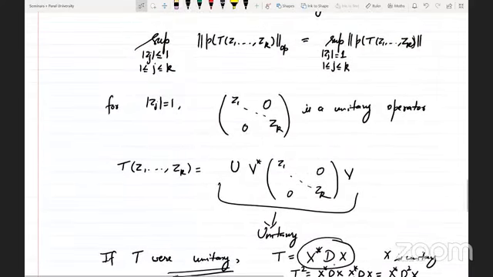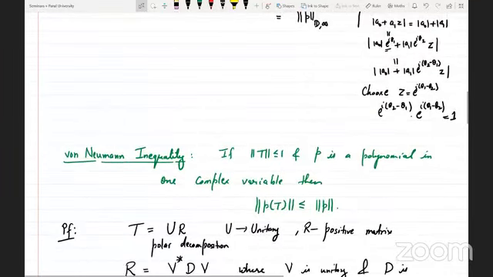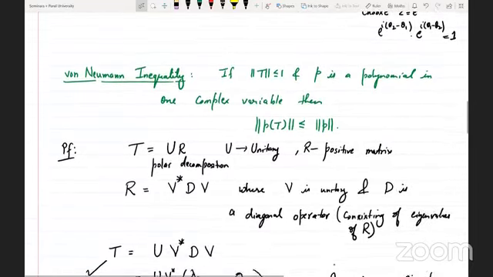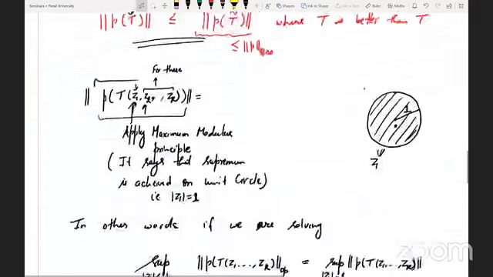By the way, this concludes the proof of the theorem, von Neumann's inequality. These computations are important from every perspective, polynomial norms and these norms.